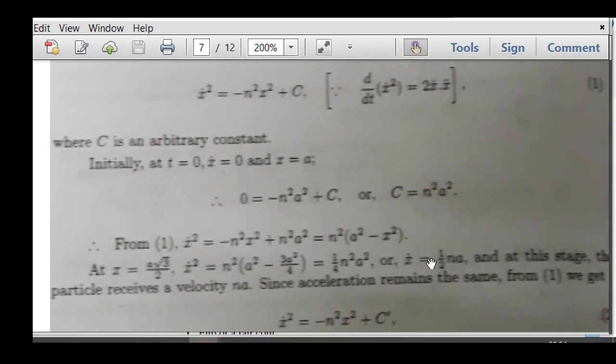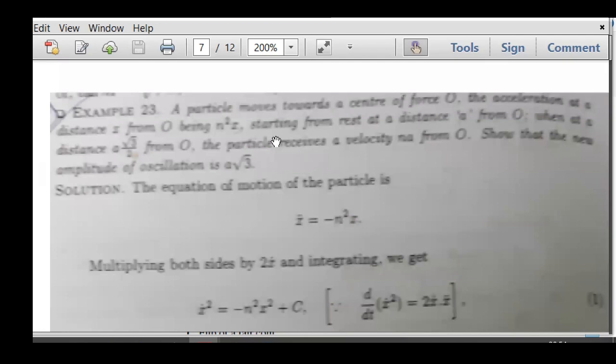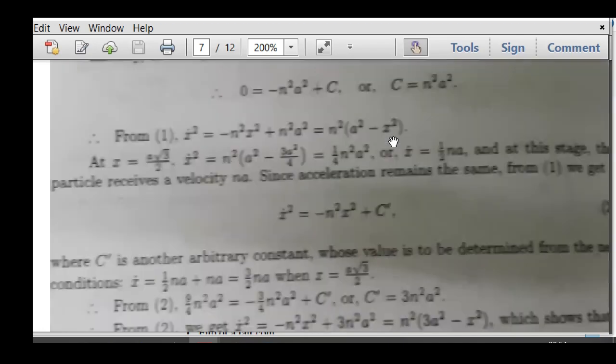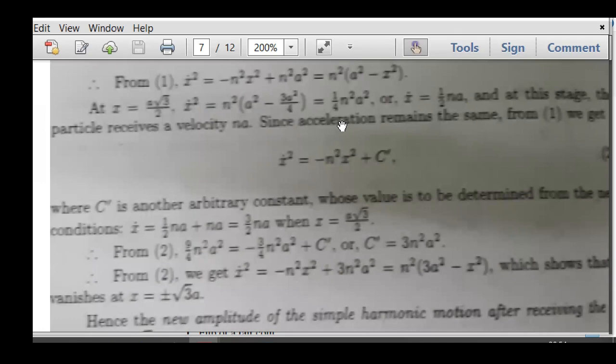They are saying the velocity will be added to the particle from O. That means the velocity of the particle will change by an amount na. So they have written that at this stage the particle receives the velocity na. As I said, now you see, I have to consider the equation of motion again. Since the acceleration remains the same, from 1 we get this thing.